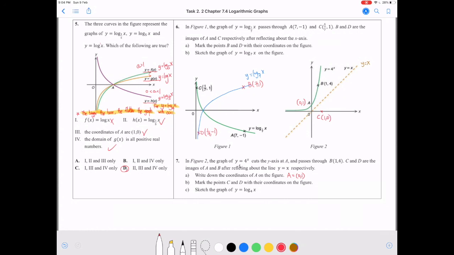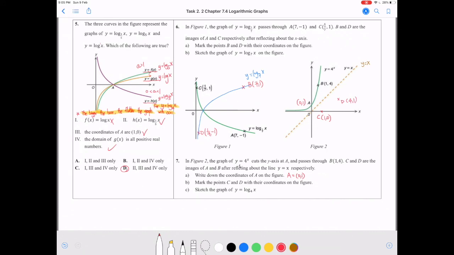I will show you later why this is the case, okay? And point D is the image of point B. So point B is (1, 4). We swap 1 and 4. That will be (4, 1). So this is point D, (4, 1).